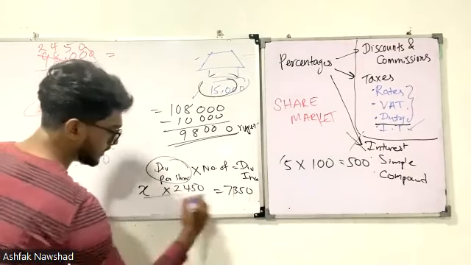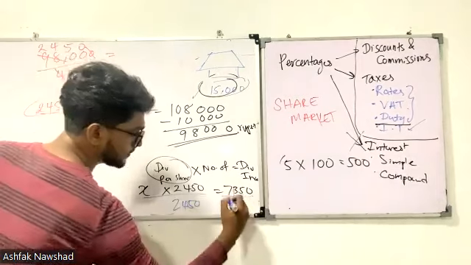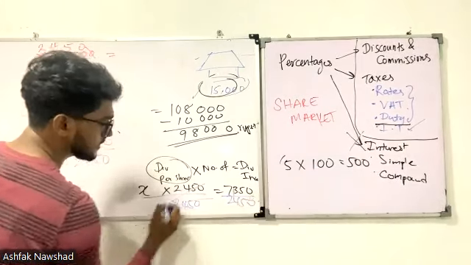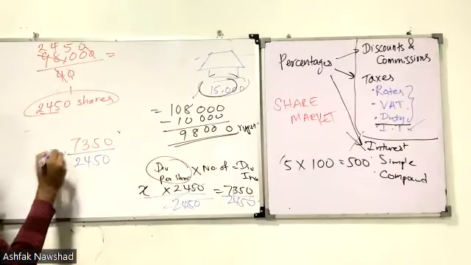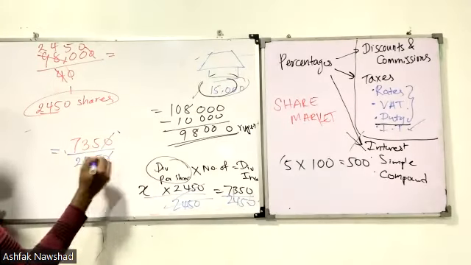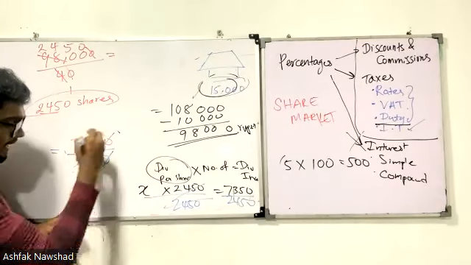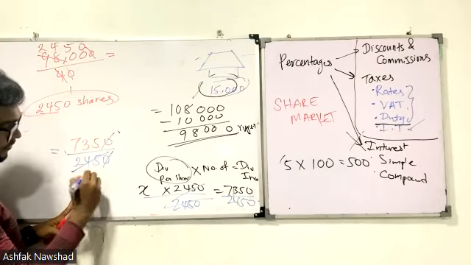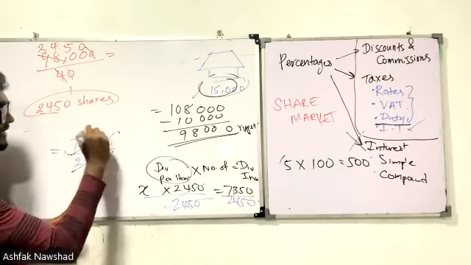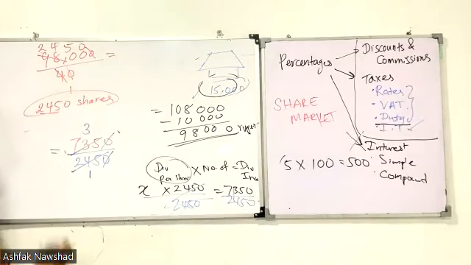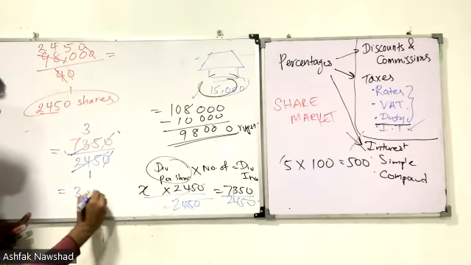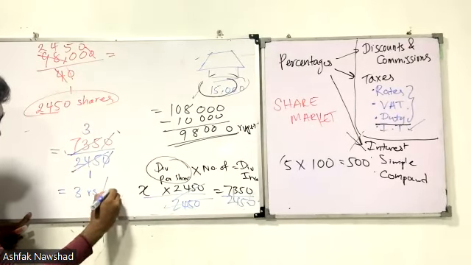So the same thing happens here. You divide it by 2,450. 2,450 cancels, so x remains. What's the value? You can cancel the zeros. Just 1 to 145, and here exactly 3 times. So the dividend per share is 3 rupees per share.